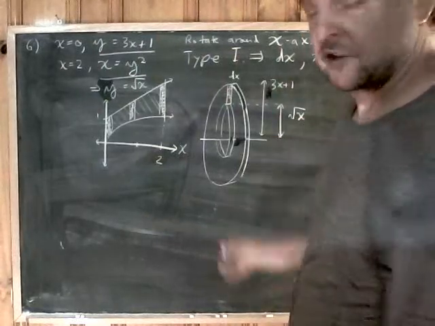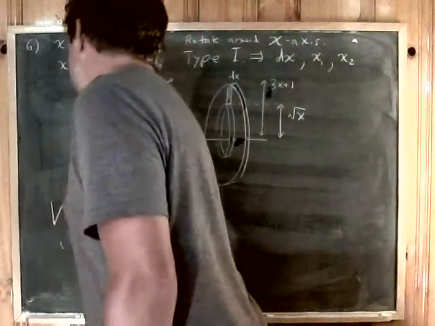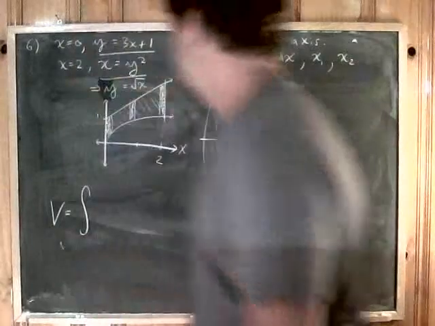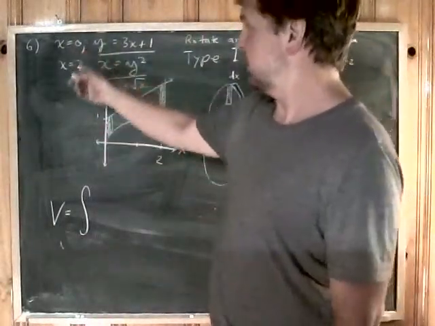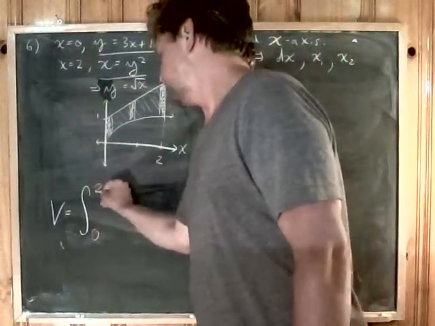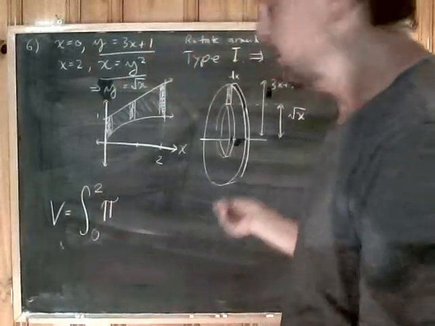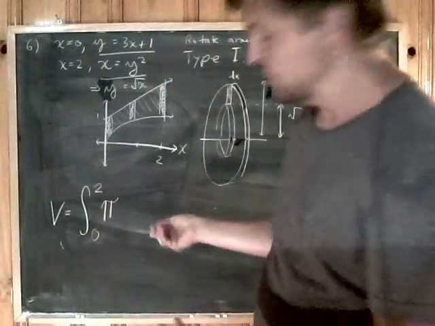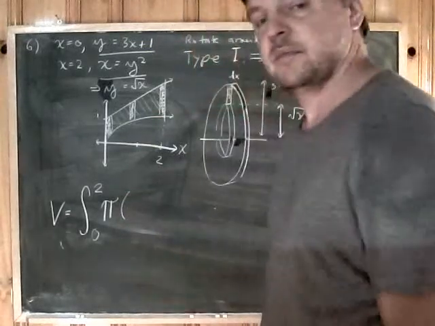Pi r squared is the area, so that means that my volume will be, well, x1 and x2. That's clear from the picture and from the given boundaries, x equal to 0 to x equal to 2, smaller to larger. I'm using pi r squared, and I'll be doing it 2 times, so you can just put the pi outside, then do the subtraction.